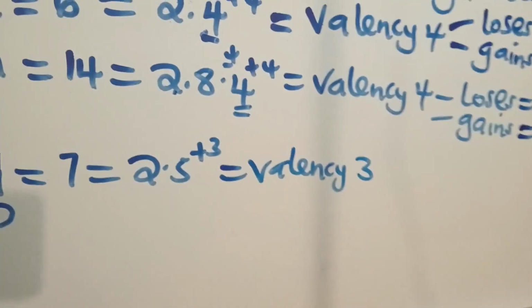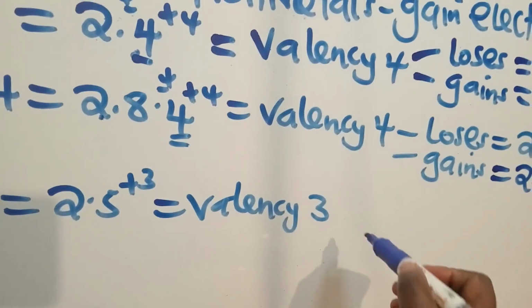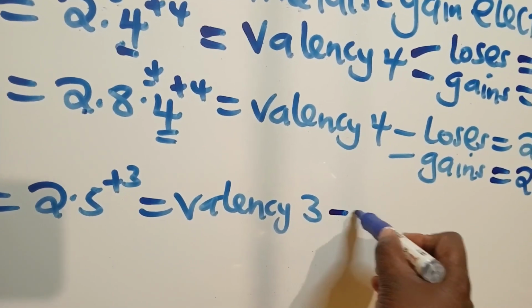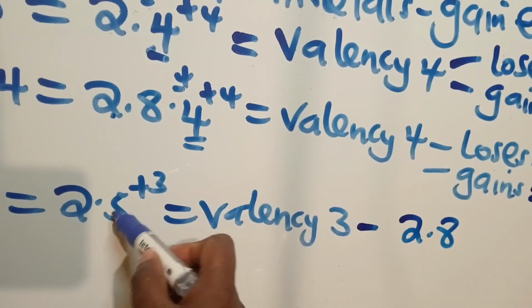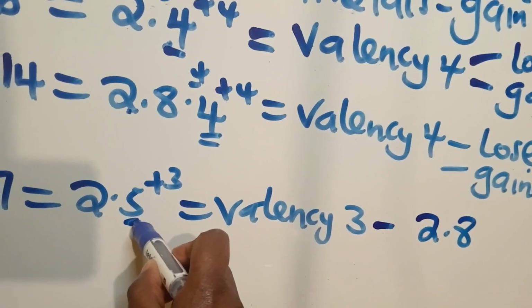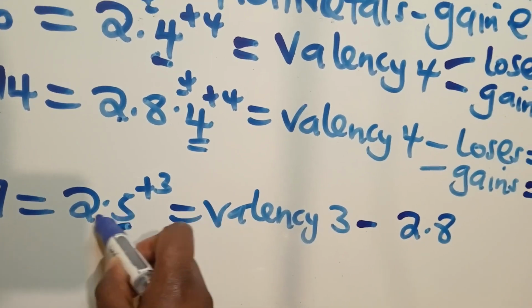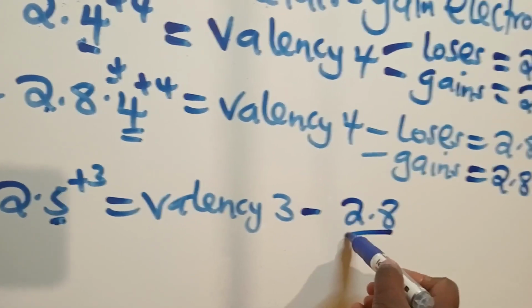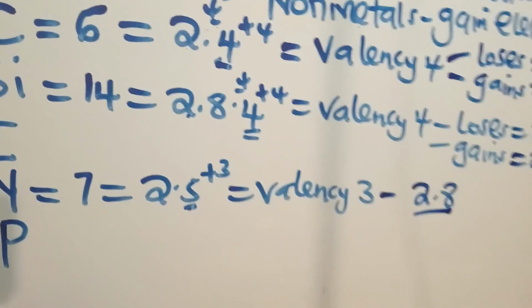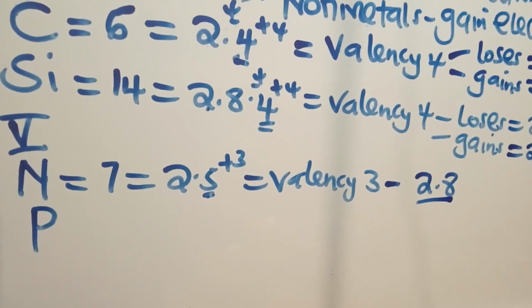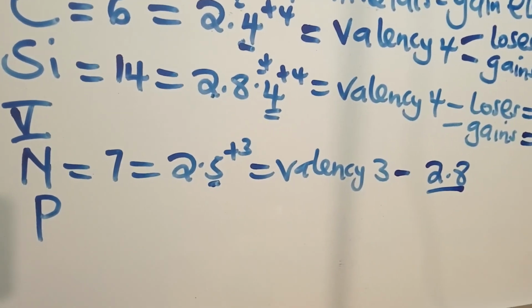The ionic configuration that it shall have once it has gained the 3 will be 2.8. Now the 3 will be gained into this energy level which was not yet full, and so have 2.8. So that is the ionic configuration for nitrogen once it forms a stable ion.